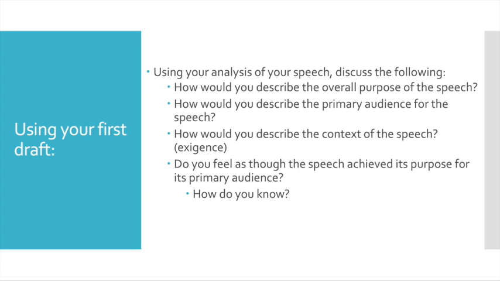What is it that the speech did with regards to the way it was written that led you to believe that it did achieve its purpose for its primary audience? So how do you know? Go ahead and stop the video if you need to in order to complete everything on this page. This will be important for us as we move forward.